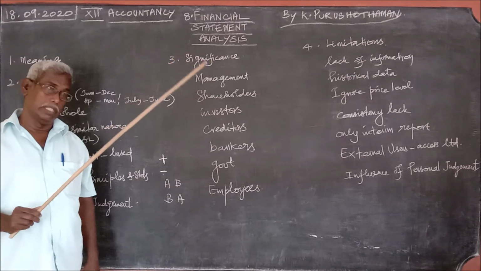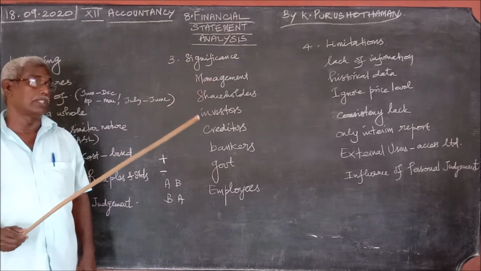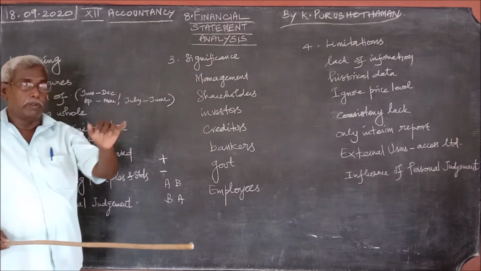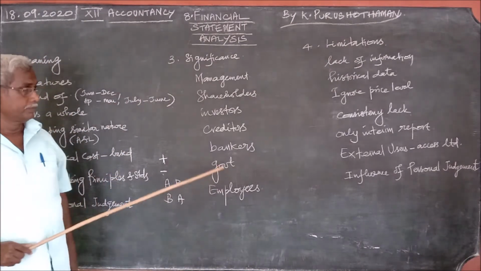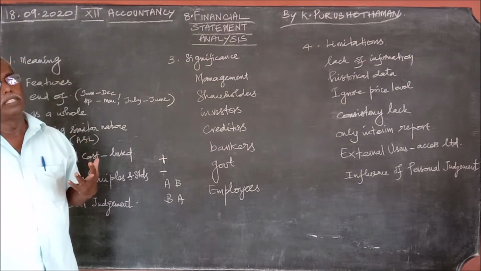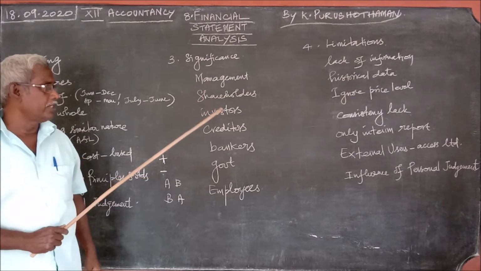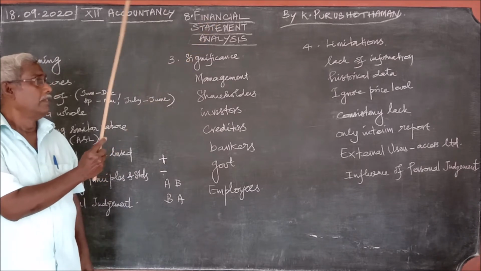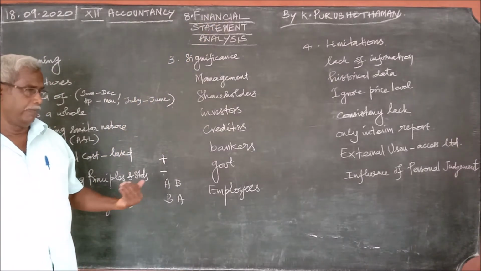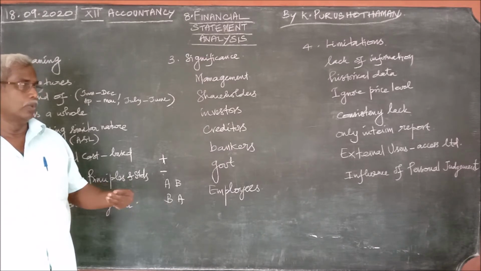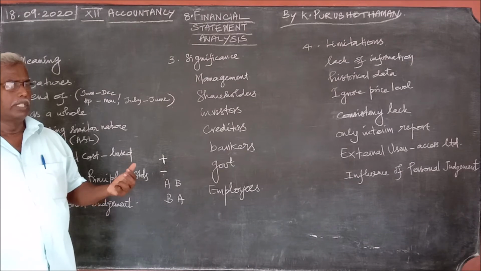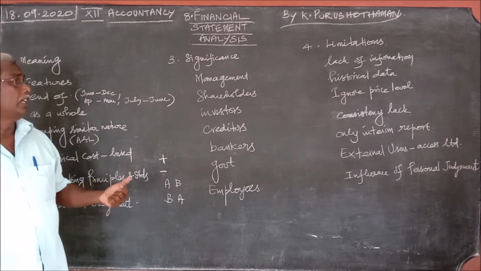These are the three important things from which we can find whether the business is run profitably or not. Whether a business is running well or not, we can find out only with this financial statement. The financial statement is nothing but the manufacturing cost plus the final accounts, that is, the final accounts in the sense of trading, profit and loss account, and the balance sheet.